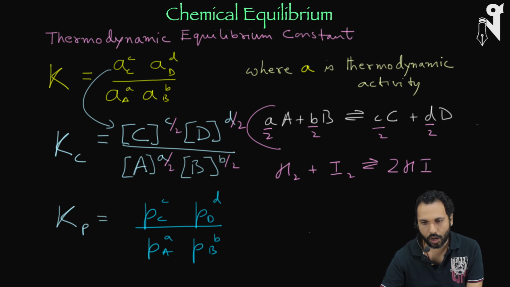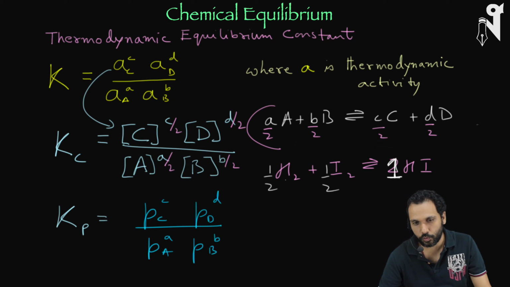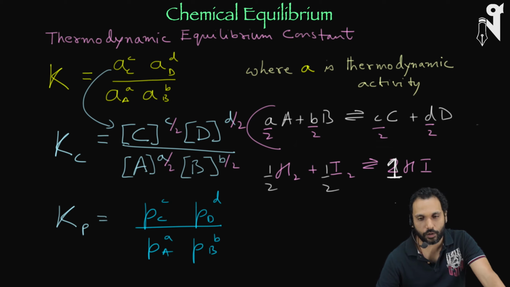But there is no harm in giving the K value for this reaction. So the K values for the first one I showed and this one would be two different values. It won't make a difference in solving the numericals we are going to solve.